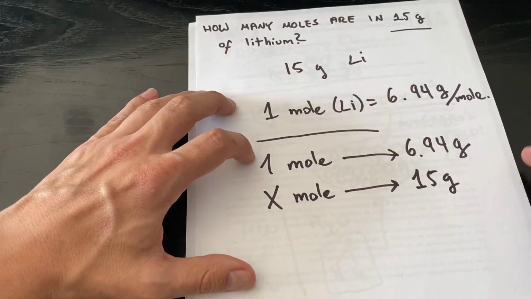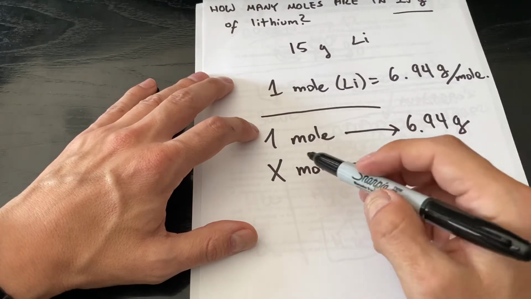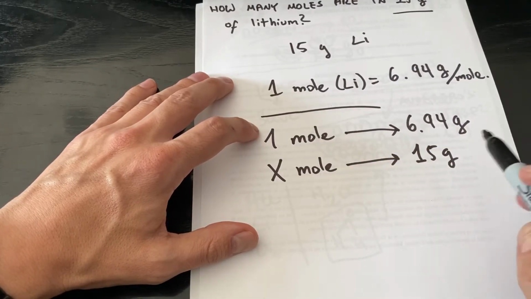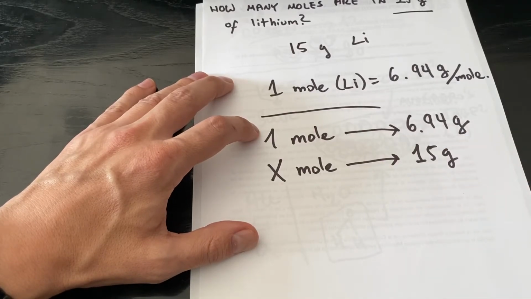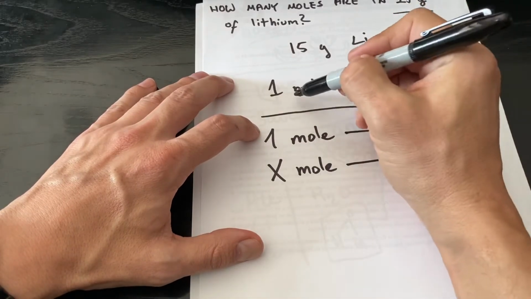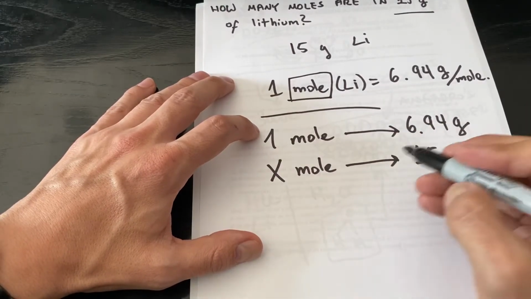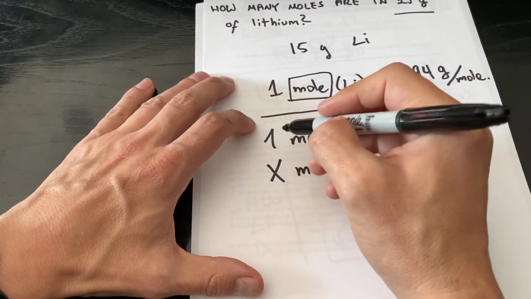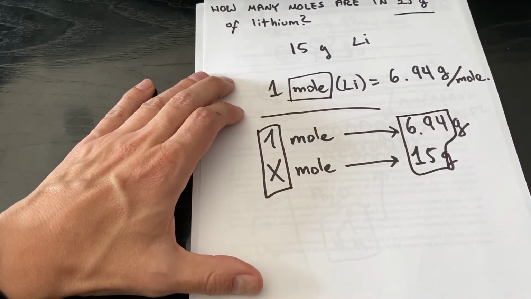This is what we call a rule of 3. So here, we need to think about separating this so we can figure out the rule of 3. The result in the end is going to be mole because we're looking for something called mole. So what we need to do here is take this and create a rule of 3.